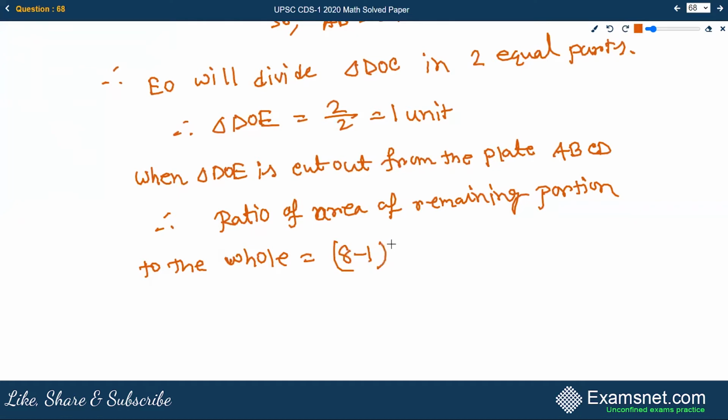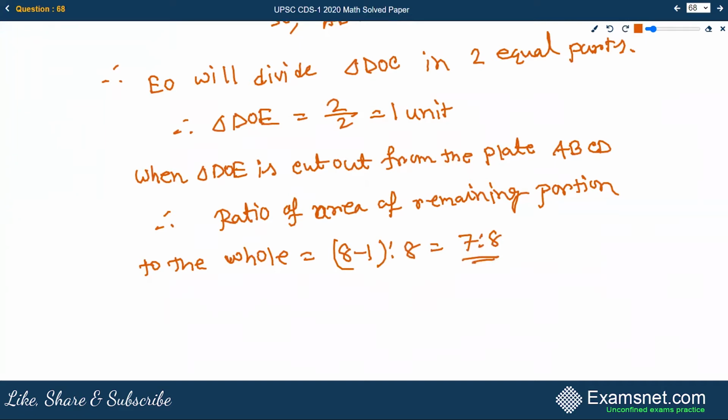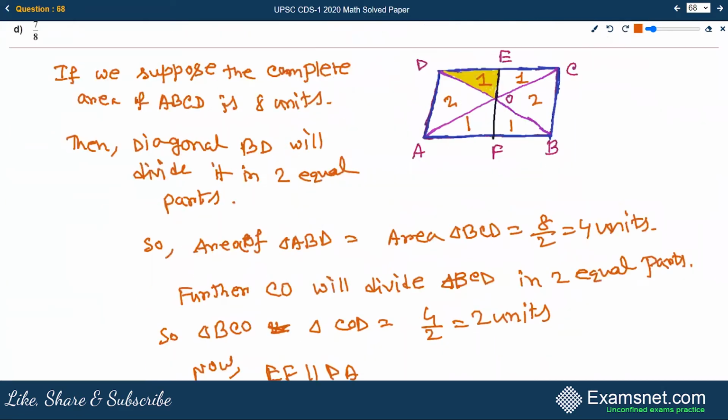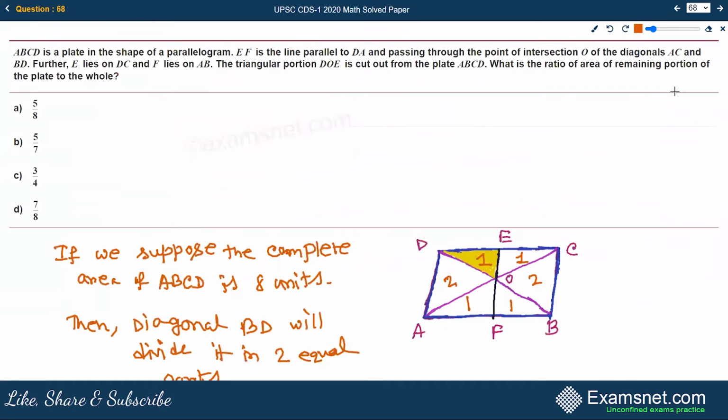So 8 minus 1 is to 8, that is 7 is to 8. This is the area of the remaining portion to the whole plate, 7 is to 8. Okay, so here 7 is to 8 means 7 by 8. So option D is the correct answer, 7 by 8.